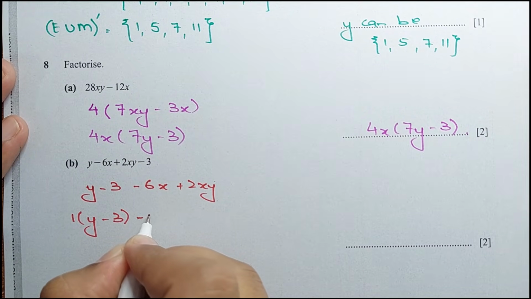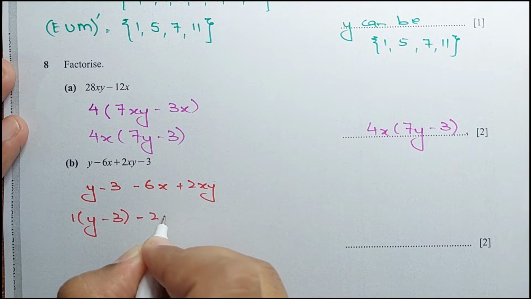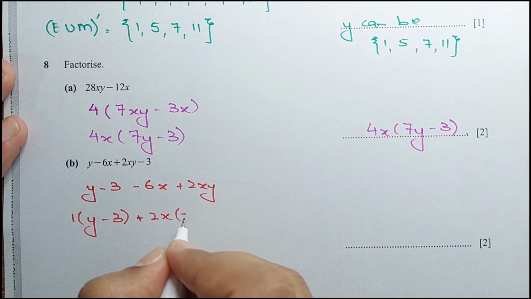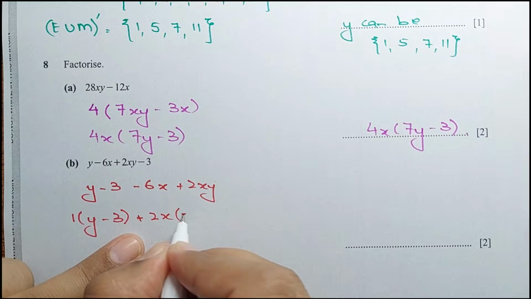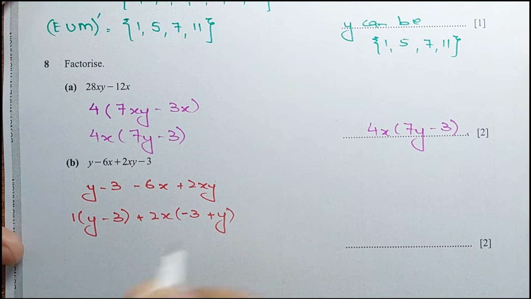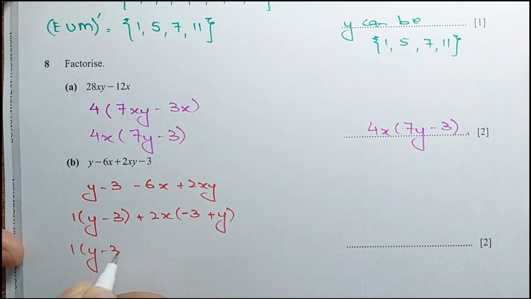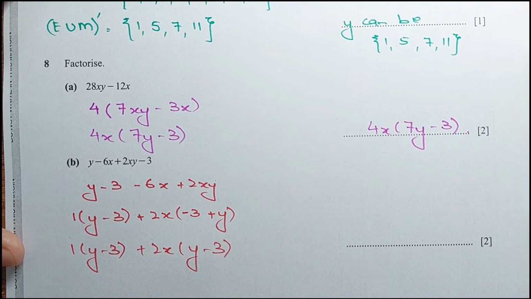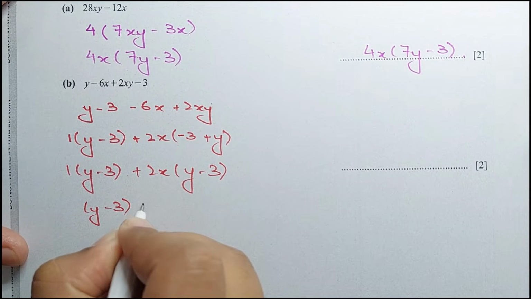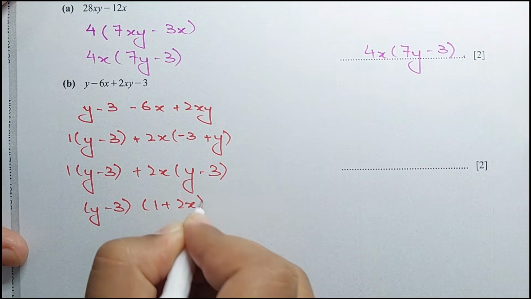Taking 2x common, it is negative 2 times 3 is 6 and 2x is common plus y. So 1 is common, y minus 3 is left, plus 2x is common, y minus 3 is the factor. So when we combine it, the factors are y minus 3 and 1 plus 2x.